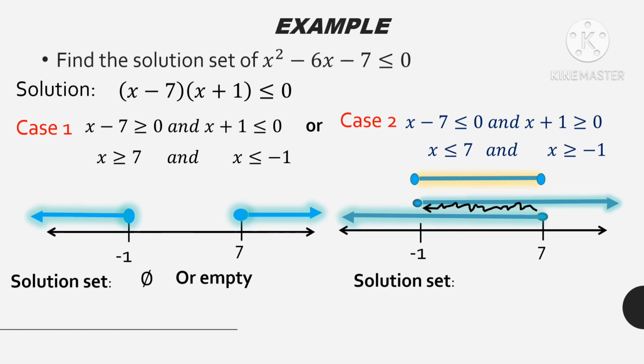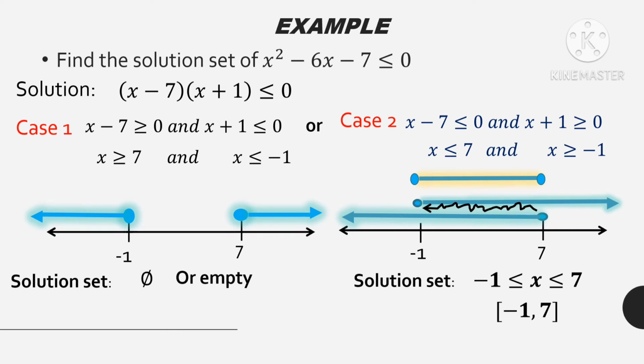So that's why the solution set of the given inequality is x is greater than or equal to -1, but less than or equal to 7. So meaning that is from -1 to positive 7. If you write this in interval notation, we have the open bracket -1, comma 7, then the close bracket.